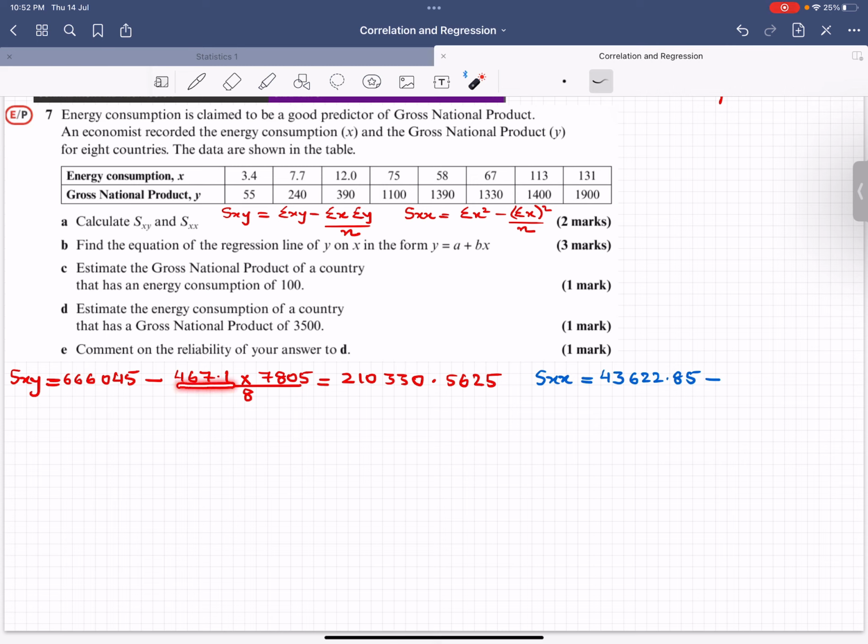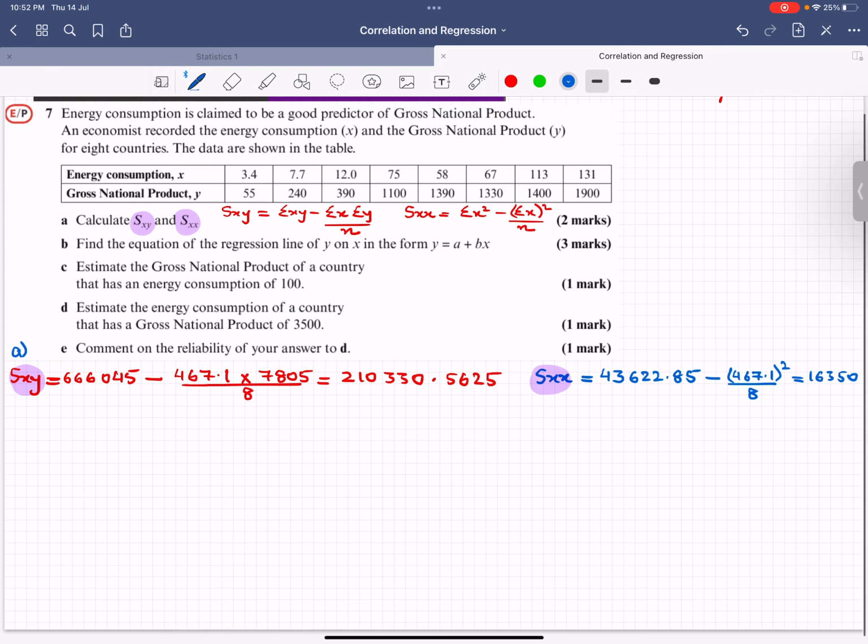Sigma X was 467.1. So 467.1 the whole squared divided by 8, and that gives us 16350. So with that, we answer the first part of the question, which is SXY and SXX. So we have calculated SXY and SXX, which is our answer to part A.